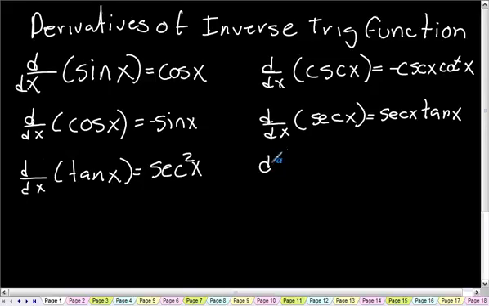Lastly, the derivative of cotangent x is equal to negative cosecant squared x.